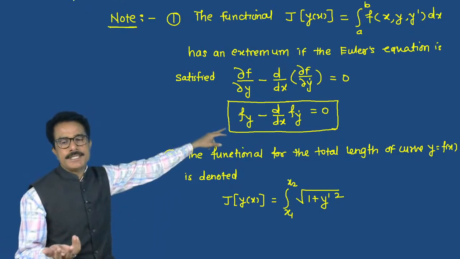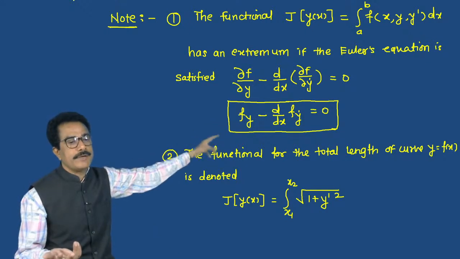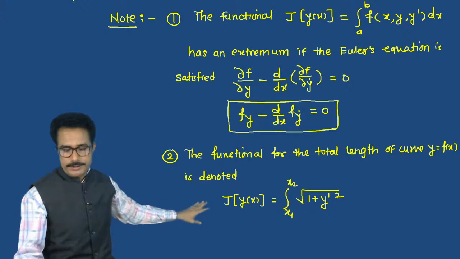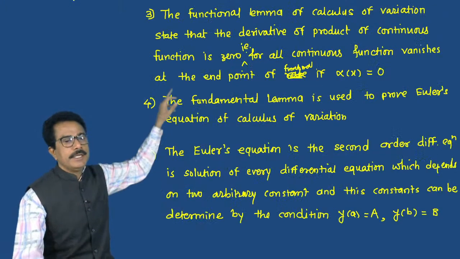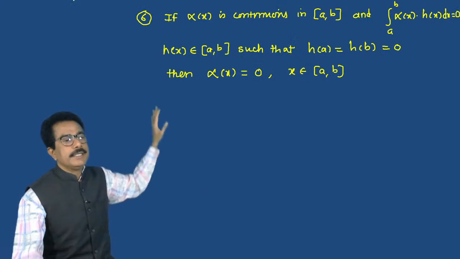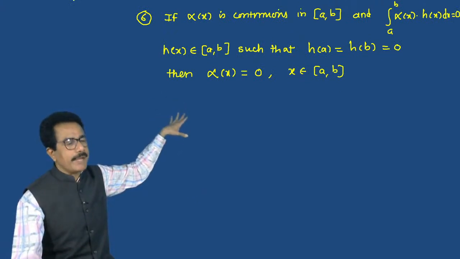Similarly, we can write f suffix y minus d by dx of f suffix y dash equals 0. This is the fundamental theorem on calculus of variation. Now we shall move towards the problems based on this.